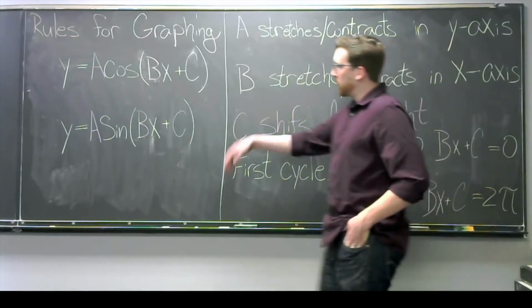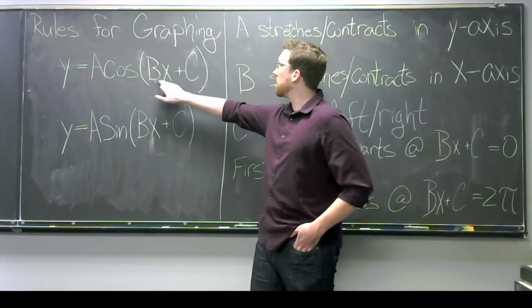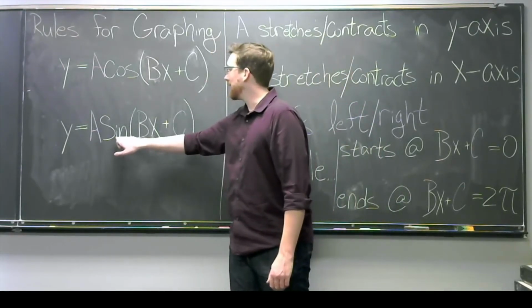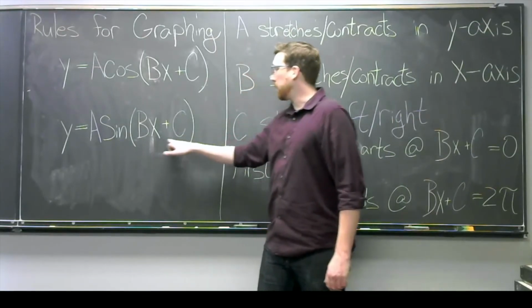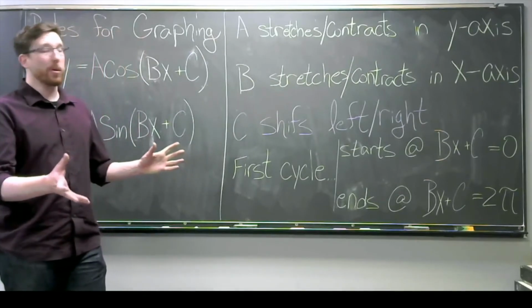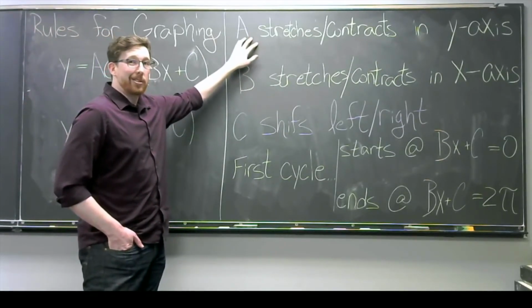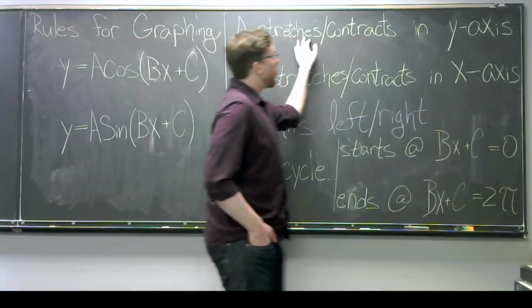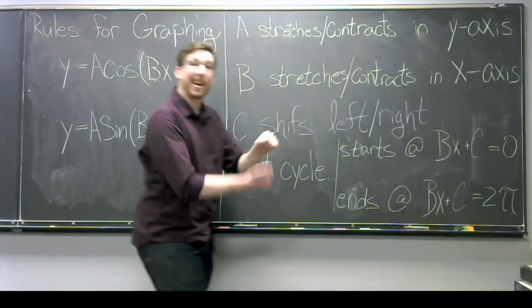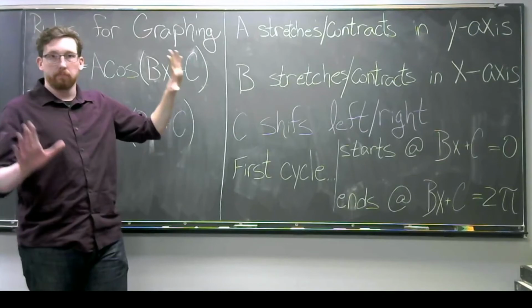So let's say we've got a times cosine of bx plus c, or a times sine of bx plus c. The rules for graphing, pretty straightforward. Whatever a is, you're going to stretch or contract your cosine graph or your sine graph in the y direction by a. That's it.